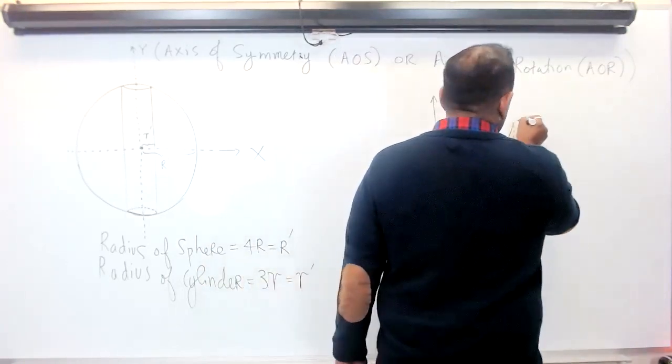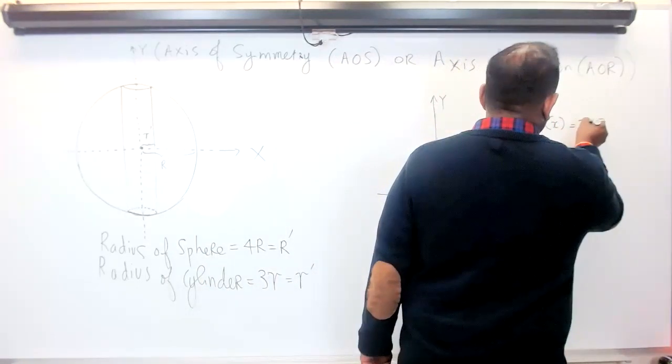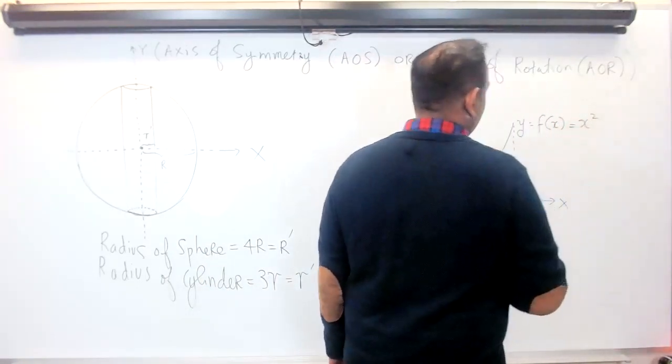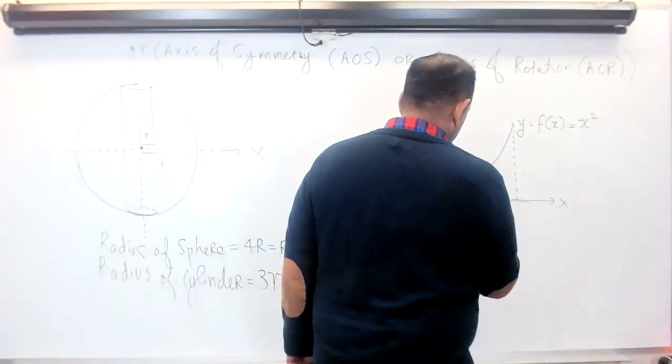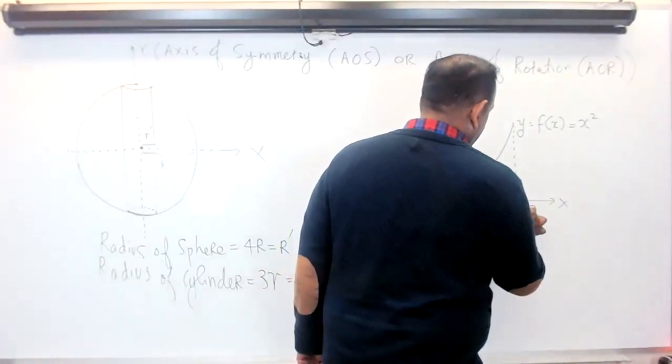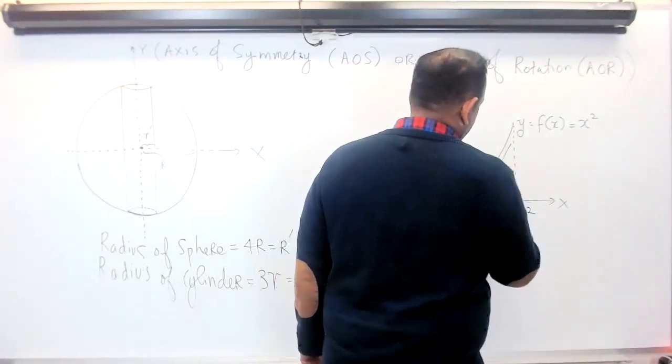You've been given the equation of the function f of x. For my convenience, I'm going to say x squared. As an example, let's say I'm interested in getting the area under the curve from x equals 1 to 2. I'm interested in this area.